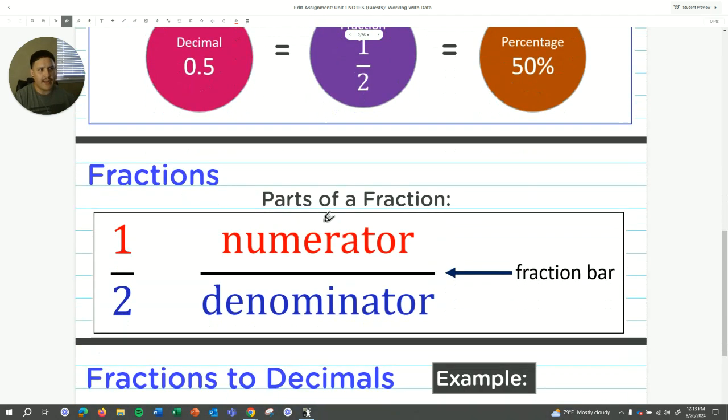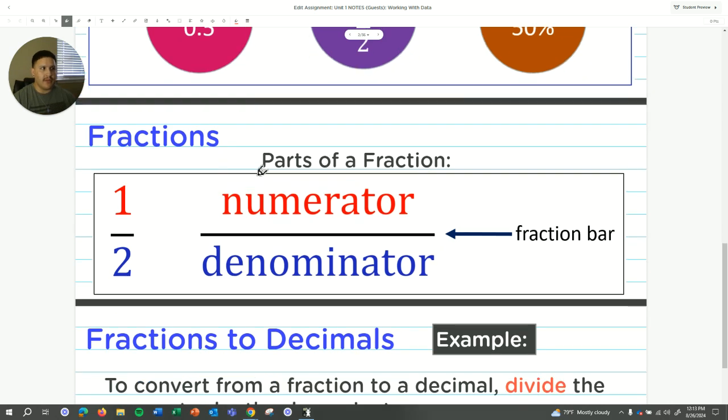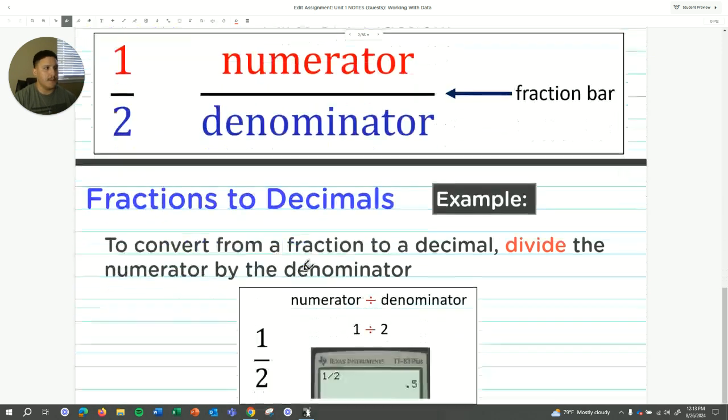Let's start with fractions. Quick reminder about the parts of a fraction. The top number, here in red for 1/2, the 1, is called the numerator. That's the top part of the fraction bar. The bottom part of the fraction bar, this blue 2, is the denominator. So we're going to change fractions to decimals in our first handful of conversions.